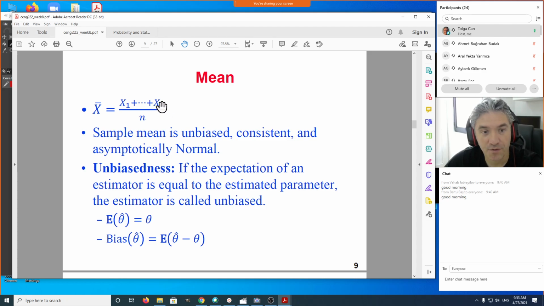All you need to know is that these data points are identically distributed with some population mean and population standard deviation that you don't know.